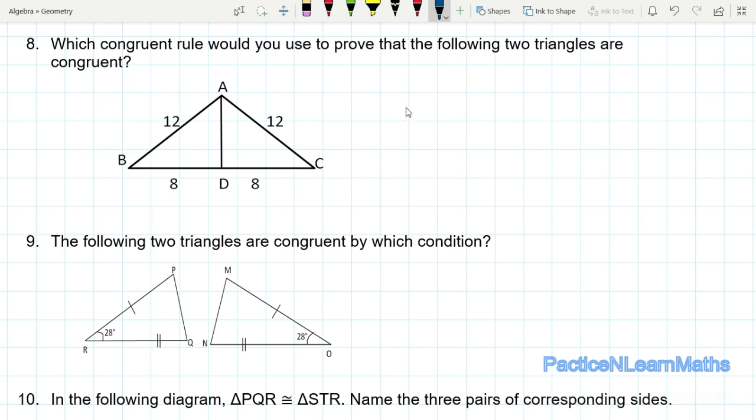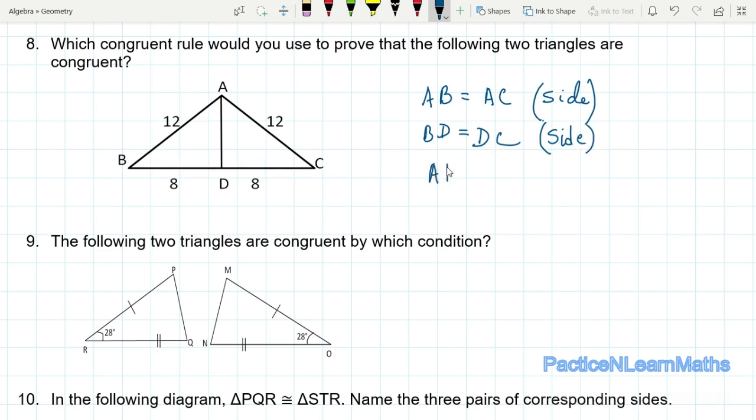Now here the question is a little bit different. Which congruent rule would you use to prove that the following two triangles are congruent? Here you see AB is equal to AC, which is a side, and then BD is equal to DC, which is another side, and AD is common.